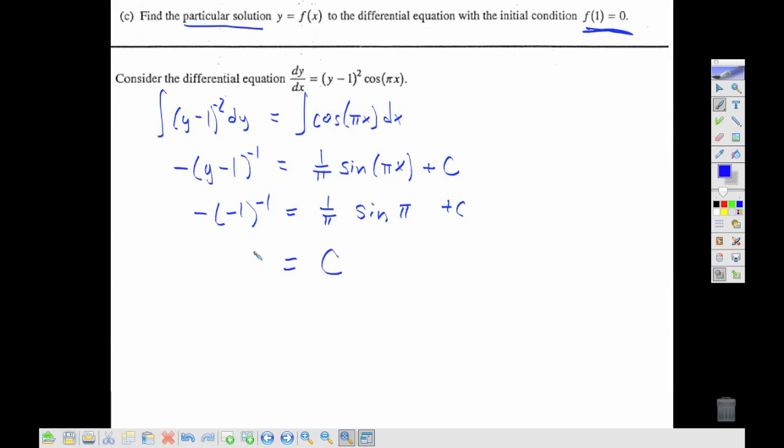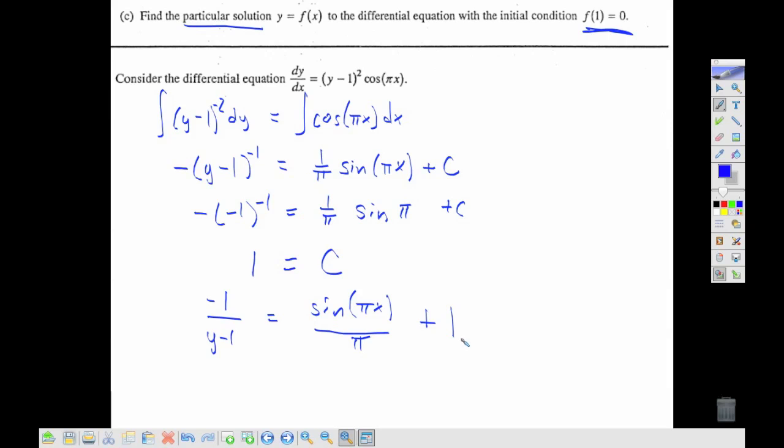Negative 1 will give us a positive 1. So our constant is c. So we can take that and plug it back in to our earlier equation. Now let's rewrite this as a negative 1 over y minus 1 equal to sine of pi x over pi plus our constant plus 1.